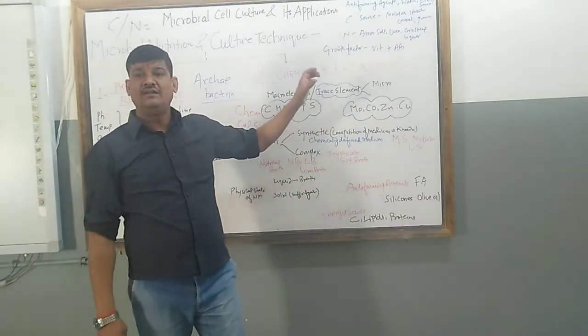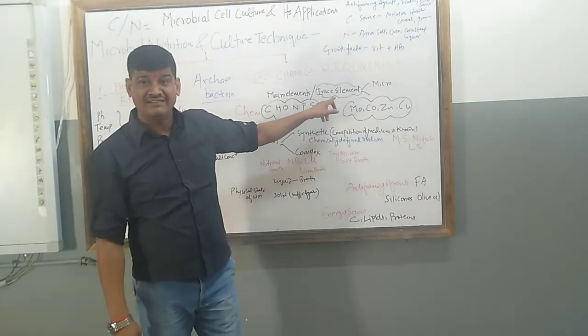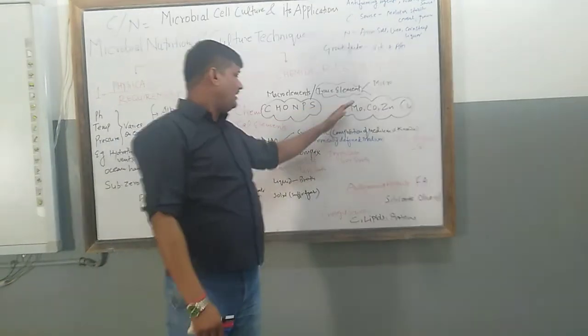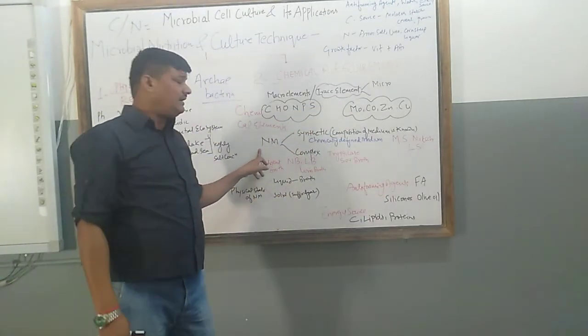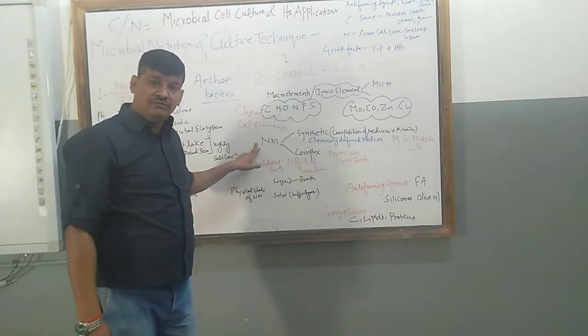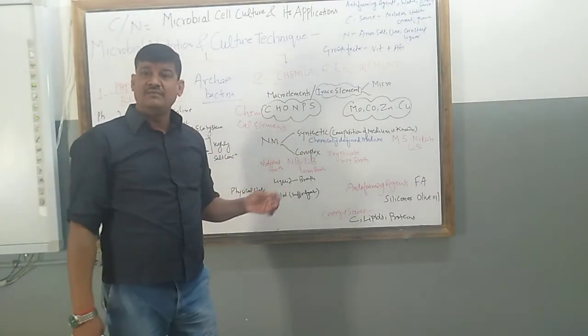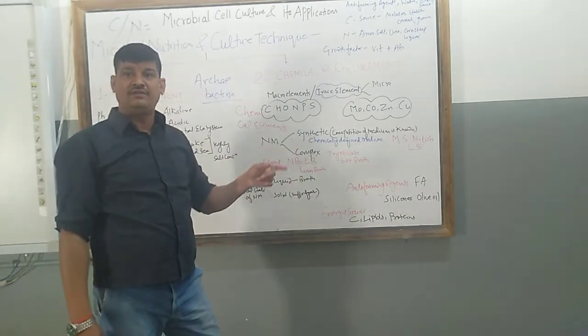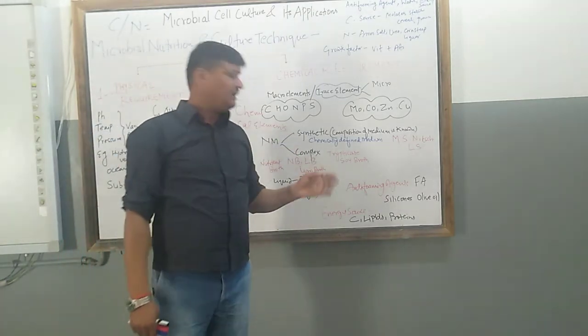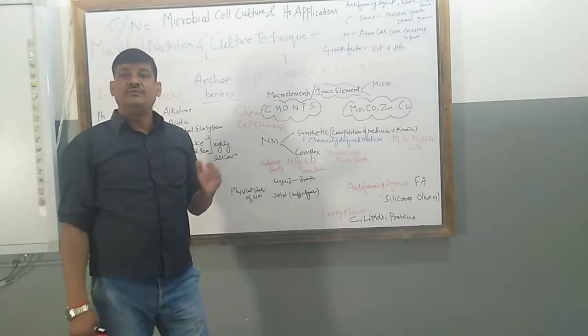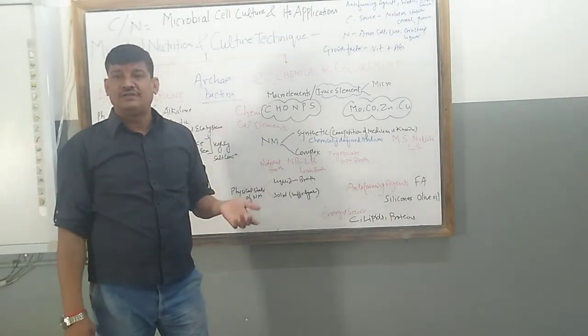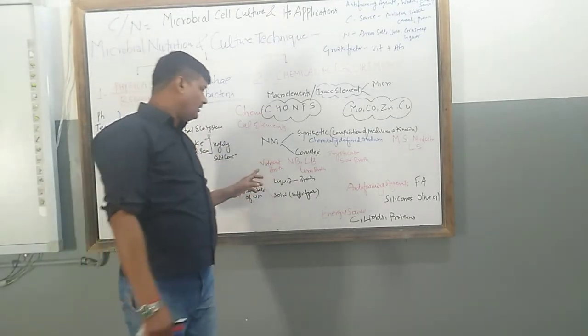These are required in the least quantity, therefore we also call them trace elements. Apart from that, the nutrient medium is of two types here, synthetic medium and complex medium. The synthetic medium has a predefined chemical composition, and the complex medium does not have an appropriate proportion; their proportion is unknown.